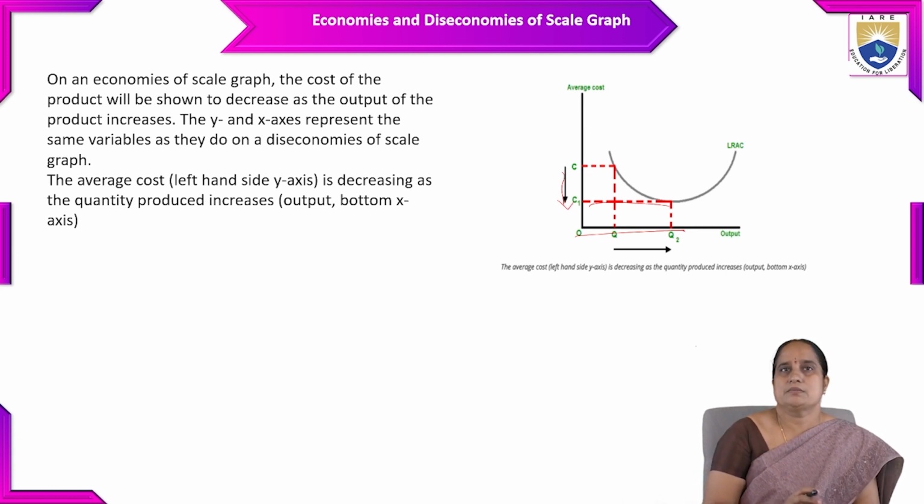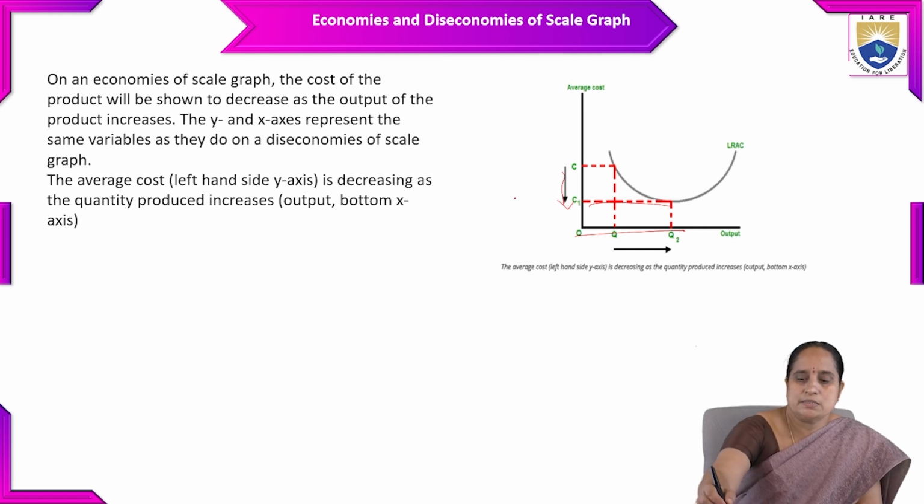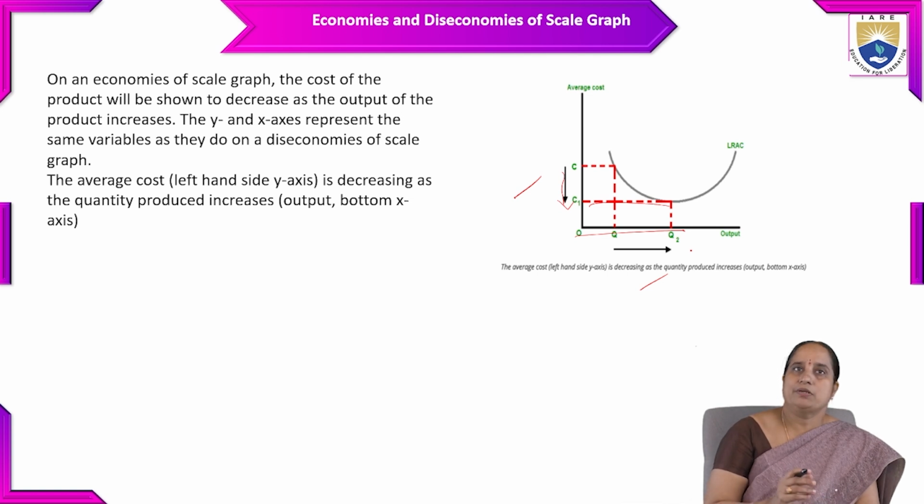The y-axis and x-axis represent the same variables as they do on a diseconomies of scale graph. So on the y-axis we have taken cost and on the x-axis the quantity. The average cost, on the left hand side y-axis, is decreasing as the quantity produced, the bottom x-axis, increases.